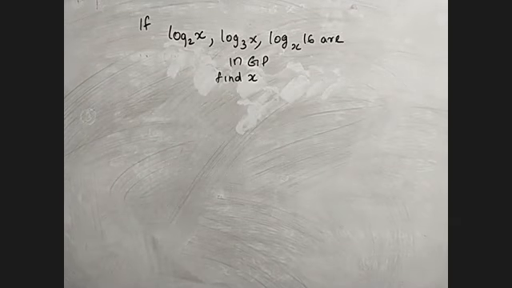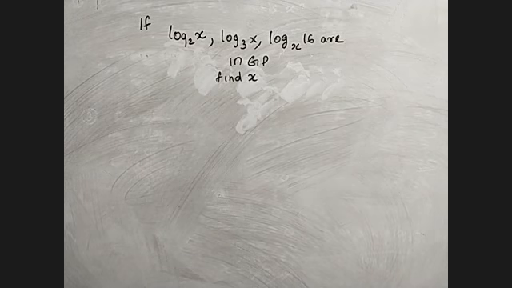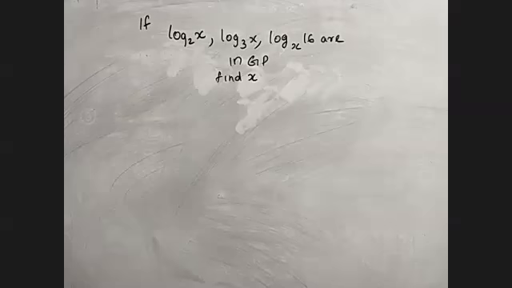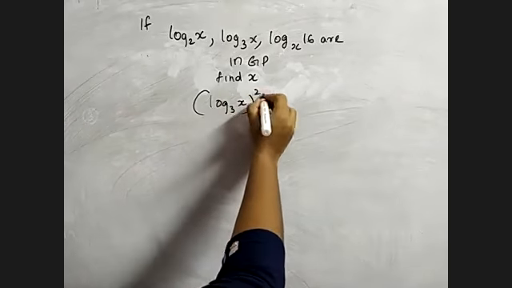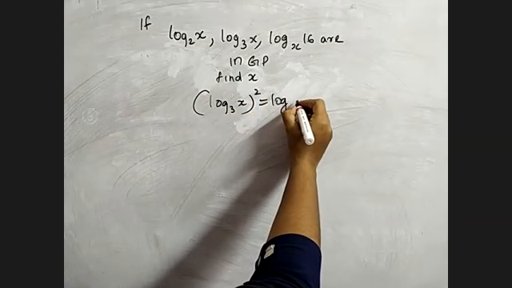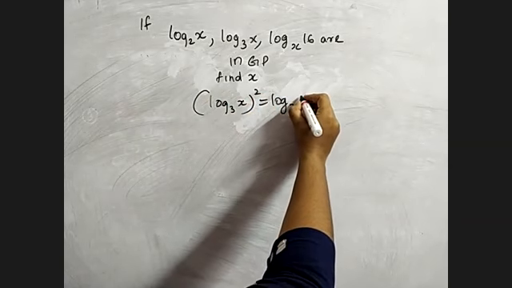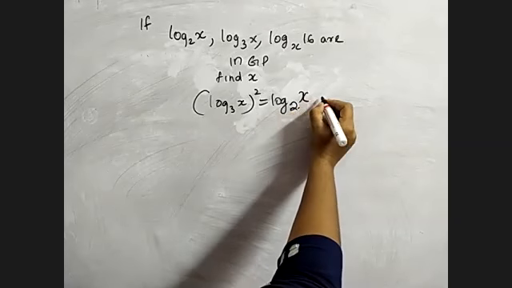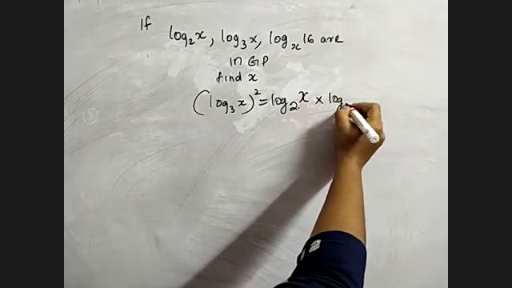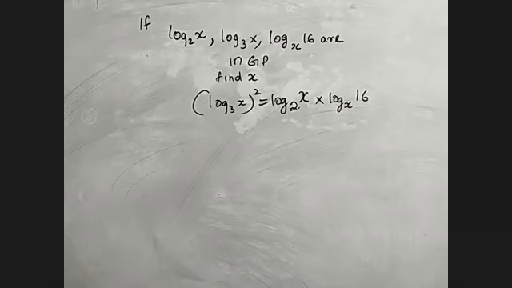How can we do this? Yesterday we studied geometric mean, GP. So log to the base 3x the whole square is equal to log to the base 2x into log to the base x 16.